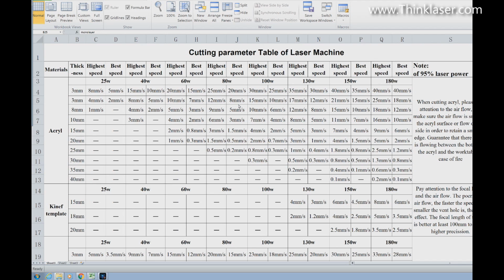Okay, it's in a bit of Chinglish there, but basically what it's saying is that if you run with low airflow, you get a better finish.